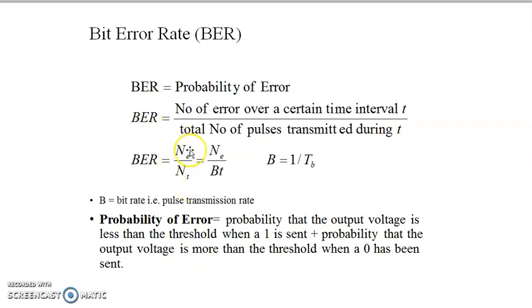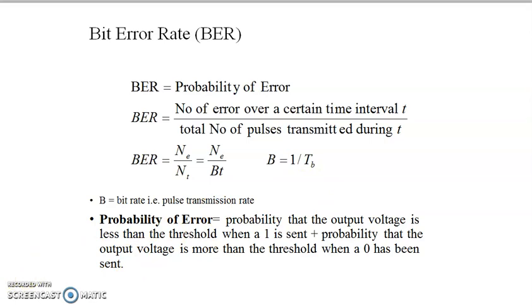Ne is the number of errors occurring in a particular period, and Nt is the number of pulses transmitted in that period. From Nt, the number of pulses transmitted, we can find out the bit rate. Bit rate is equal to 1 by Tb. That is the pulse transmission rate, and Tb is the duration of the pulse. So we can have a pulse transmission rate there, because pulses have a short duration.